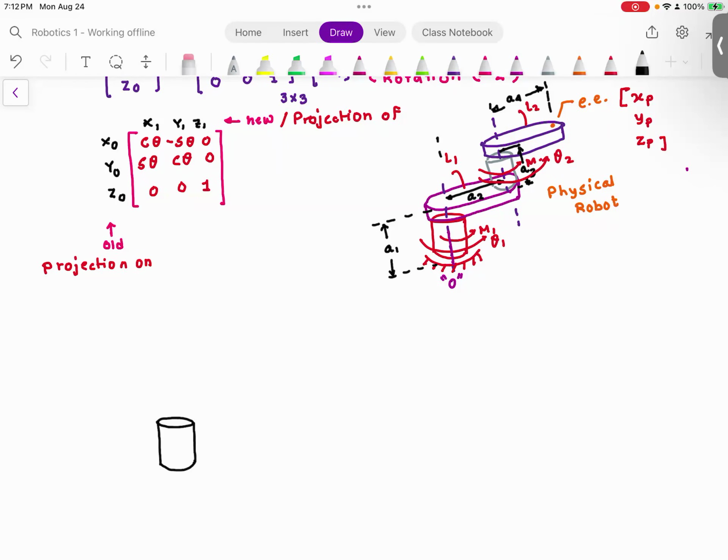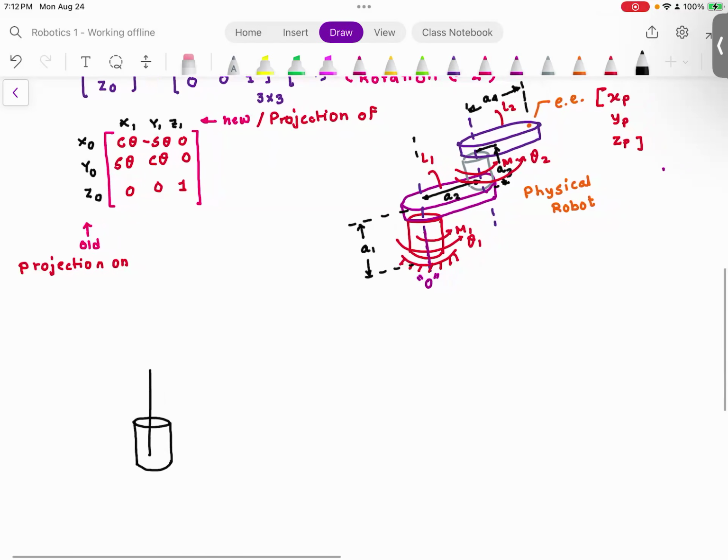So I have the first revolute joint, which is connected to the second revolute joint, and the second revolute joint is connected to the end effector.